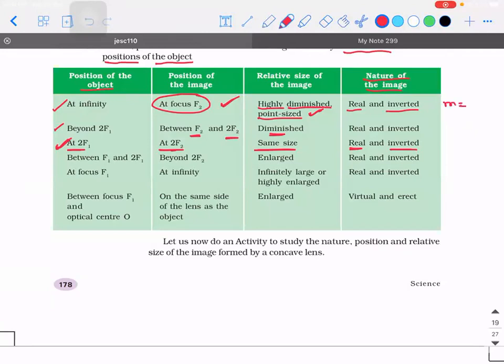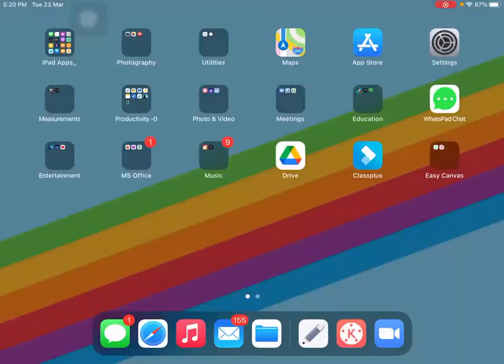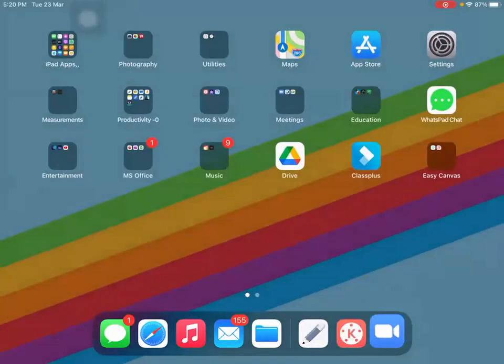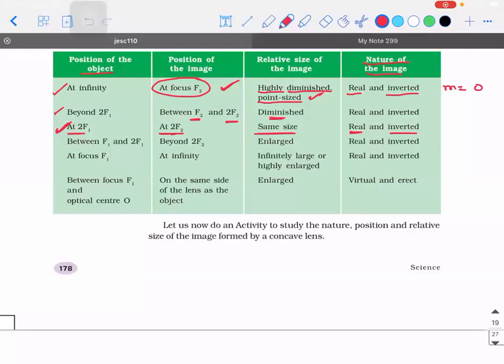So what is the magnification here? It is 0. Similarly, when the image is diminished, what is going to be the magnification value? M will be less than 1.